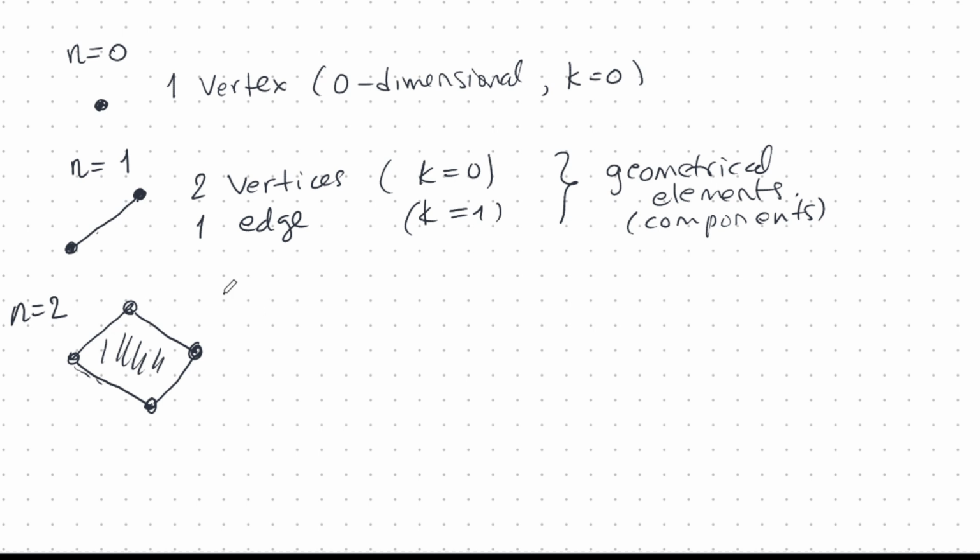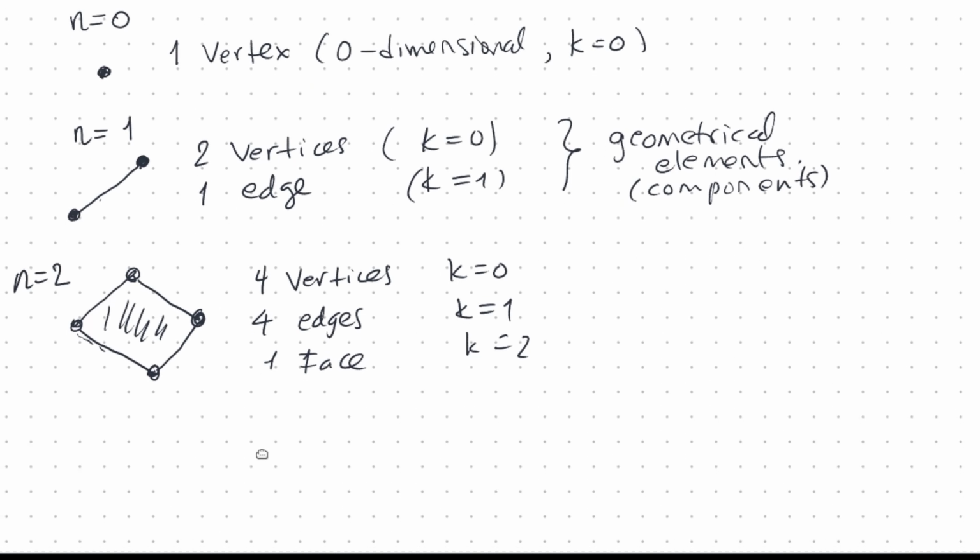So how many vertices? We have 4 vertices. These are the k is 0, zero-dimensional components. And we have 4 edges. And these are k is 1, one-dimensional components. And we have a two-dimensional component. The whole thing itself is one face. We have one face, and that's a 2D component. K is 2, like this.